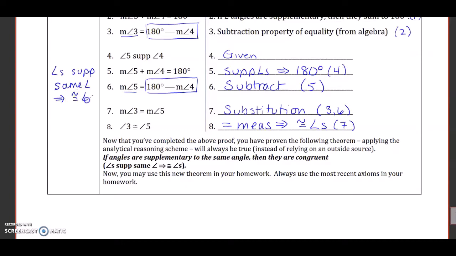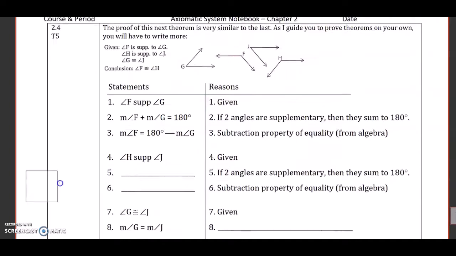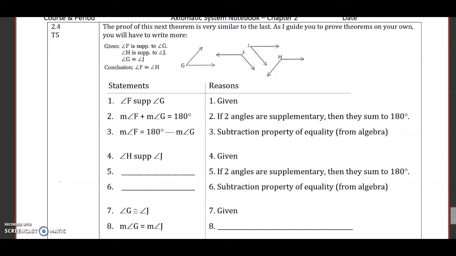implies congruent angles. And here we have another theorem to prove. And in this fill-in proof, now we have a couple of statements missing. We're given F is sup to G, H is sup to J, G is congruent to J. We have to conclude that F is congruent to H. So I know G and J are congruent.